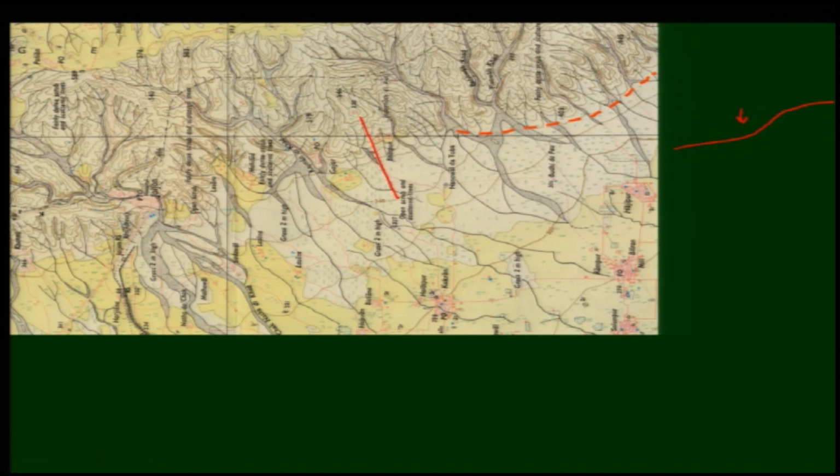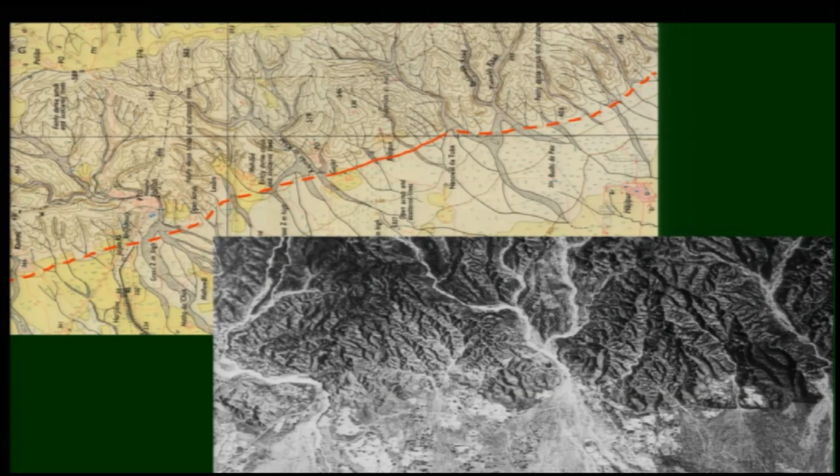So, this marks the front, and this area is from northwest Himalaya, and this portion we picked up as an active fault scarp. If you compare this with the satellite data, this portion is over here, this one, and this portion.